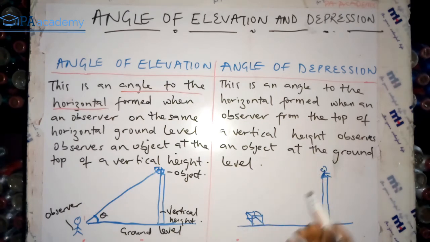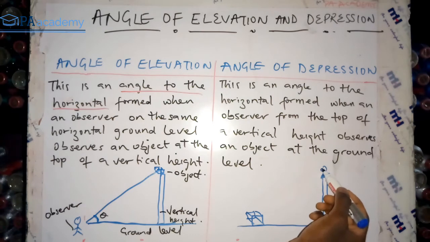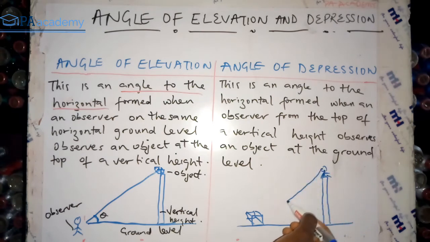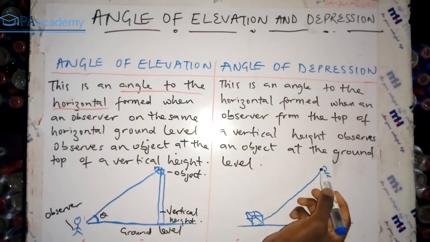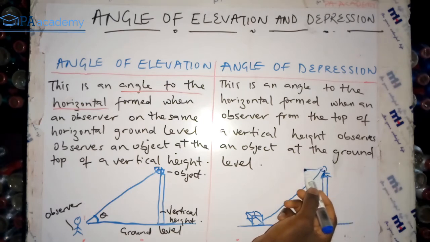Now let's draw the line of sight. If the observer is looking at it, the observer will be facing down. The observer will be facing down to look at this object. So the angle this forms to the horizontal, this line straight down, then let's draw our horizontal.